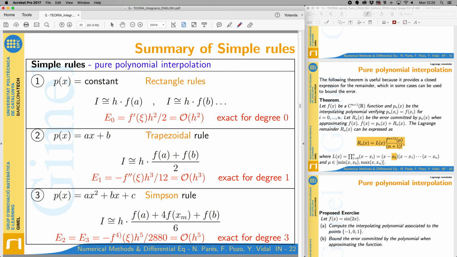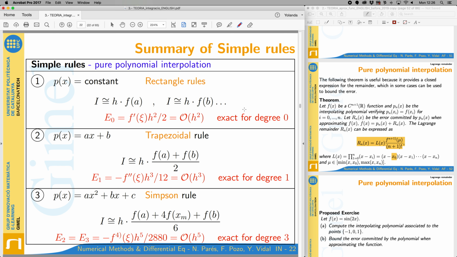Okay, now something that is very important to note here: what would happen if I try to compute the integral of a degree 0 polynomial using the rectangle rule?